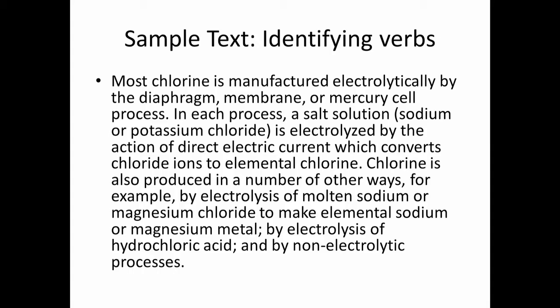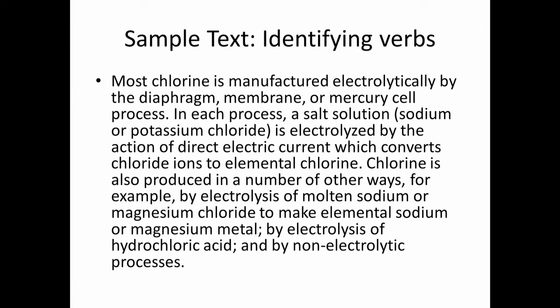Most chlorine is manufactured electrolytically by the diaphragm, membrane or mercury cell process. In each process, a salt solution is electrolyzed by the action of direct electric current, which converts chloride ions to elemental chlorine.